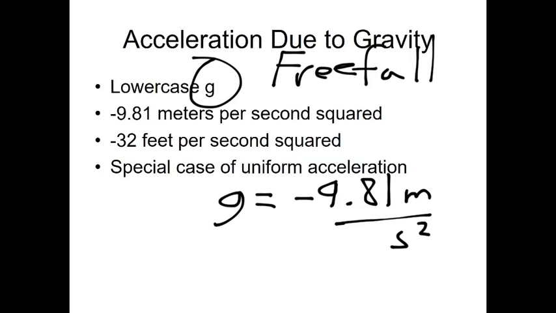And that acceleration is always acting in the downward direction. That's why the negative is there. So the negative means acceleration in the downward direction. In English units, you might see this written as negative 32 feet per second squared. Free fall is a special case of uniform acceleration, and we'll see lots of problems in this course that deal with uniform acceleration and free fall.